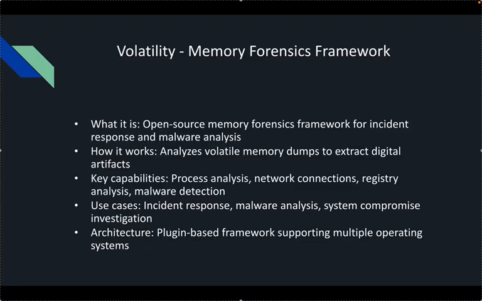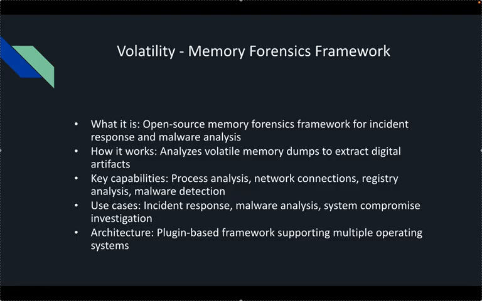Volatility represents the gold standard in memory forensics. Unlike disk analysis, memory forensics captures the live state of a system. That includes running processes, network connections, and even malware that exists only in the RAM. What makes Volatility powerful is its plugin based architecture, so we can run it on Windows, Linux, and macOS.